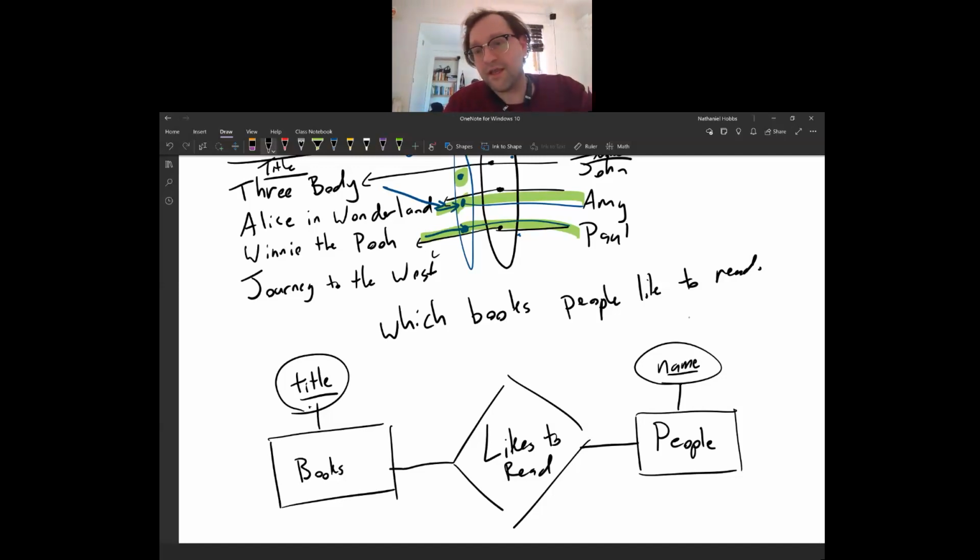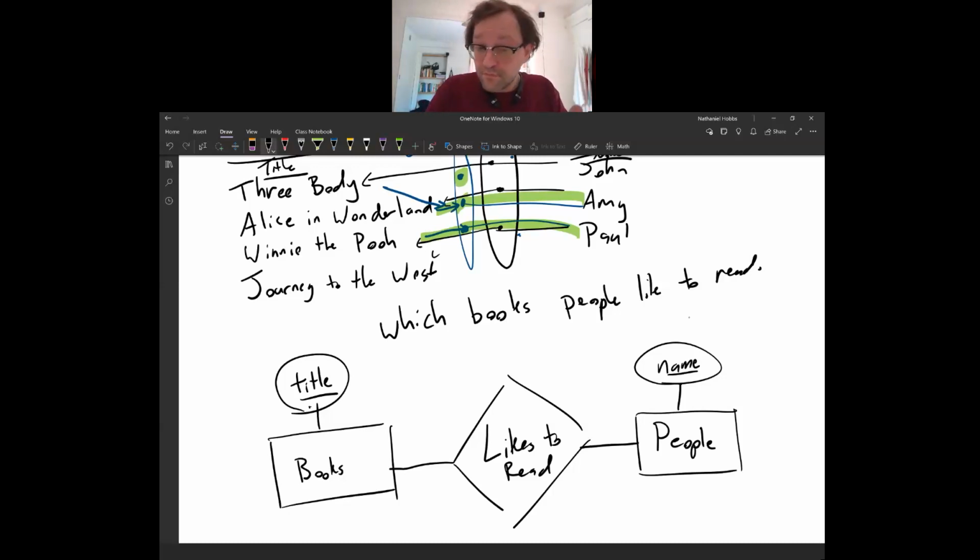And if I write a constraint like this using two thin lines, then what I mean is that anything can happen insofar as people can read no books, they can read one book, they can read many books.